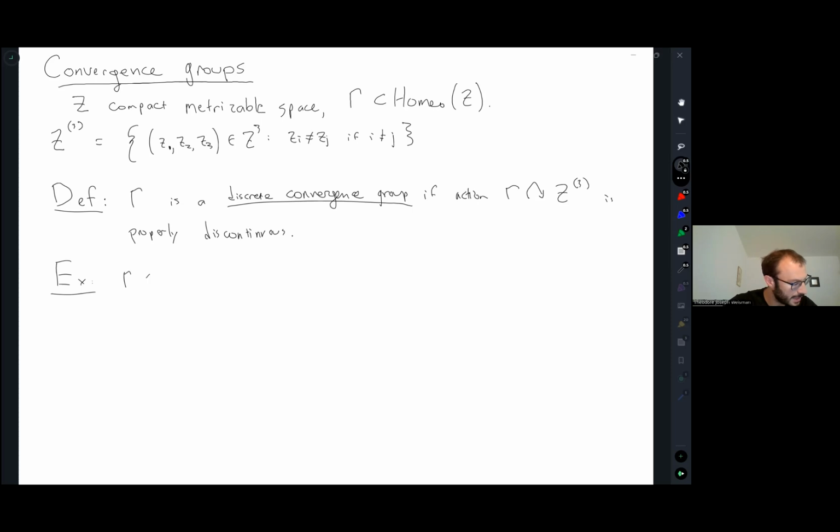If Gamma is any discrete subgroup of PSL2(R), and Z is the ideal boundary of the hyperbolic plane, then this is an example of a convergence group action. In fact, you may be familiar with the fact that the action of PSL2(R) on the boundary of H2 is simply transitive on the space of triples. So if you have some discrete group going off to infinity, then your triples have to be collapsing in some way.